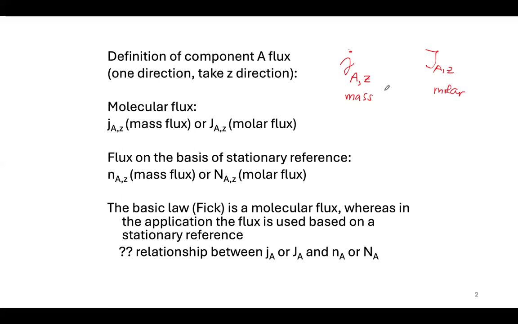And the flux based on the stationary reference is N: small n for mass flux, and capital N for the molar flux. So if you use a molar basis, then you use a capital one. If you use a mass basis, you use the small letter.